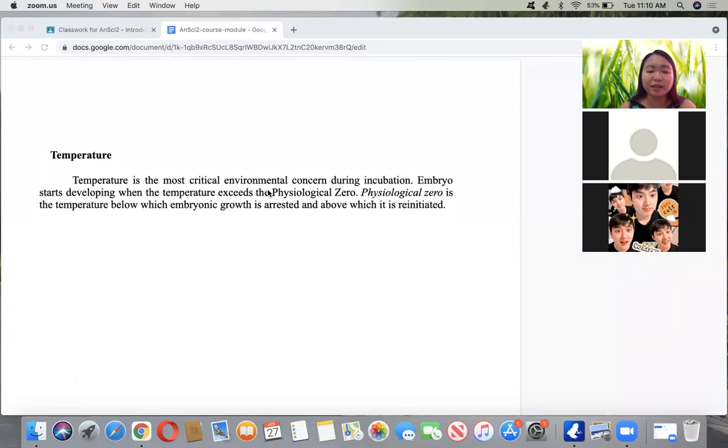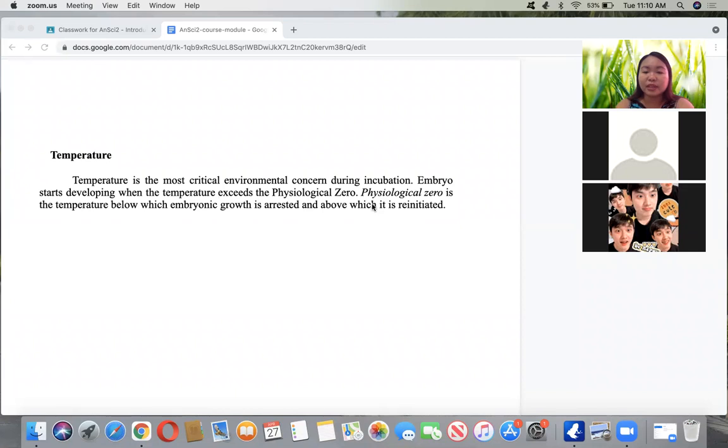So, let's start with temperature. This is the most critical environmental concern when we talk about incubation. Last discussion, we have seen the embryo development, and it starts developing when temperature exceeds the physiological zero. It means the temperature below which embryonic growth is arrested and above which it is reinitiated.